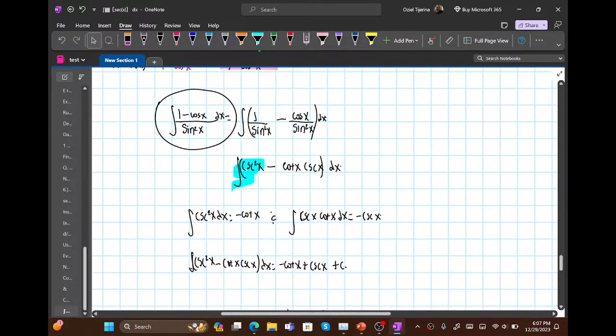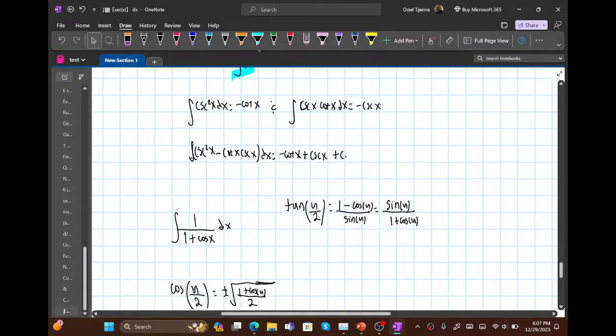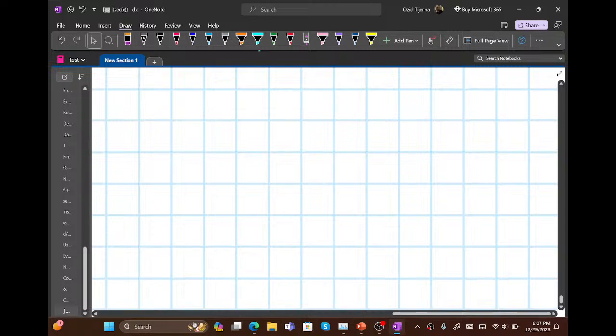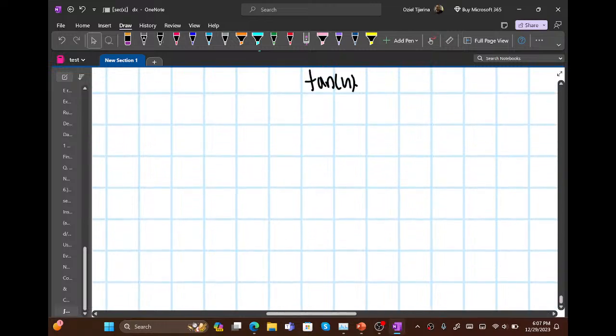But let's say negative cotangent plus cosecant x. So we're going to go back to the other solution where we had cosecant of x minus cotangent of x, and we're going to verify that this is equal to tangent of x, I think.